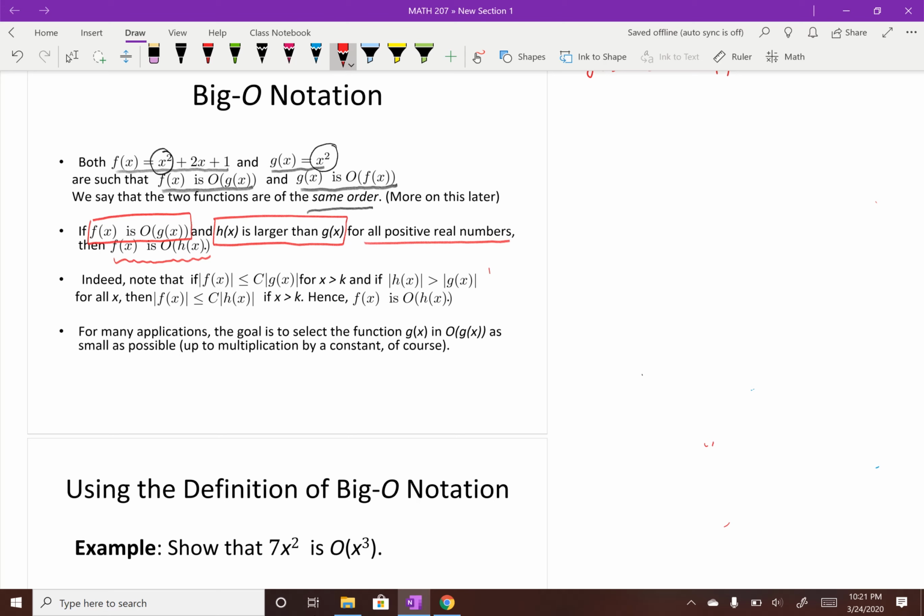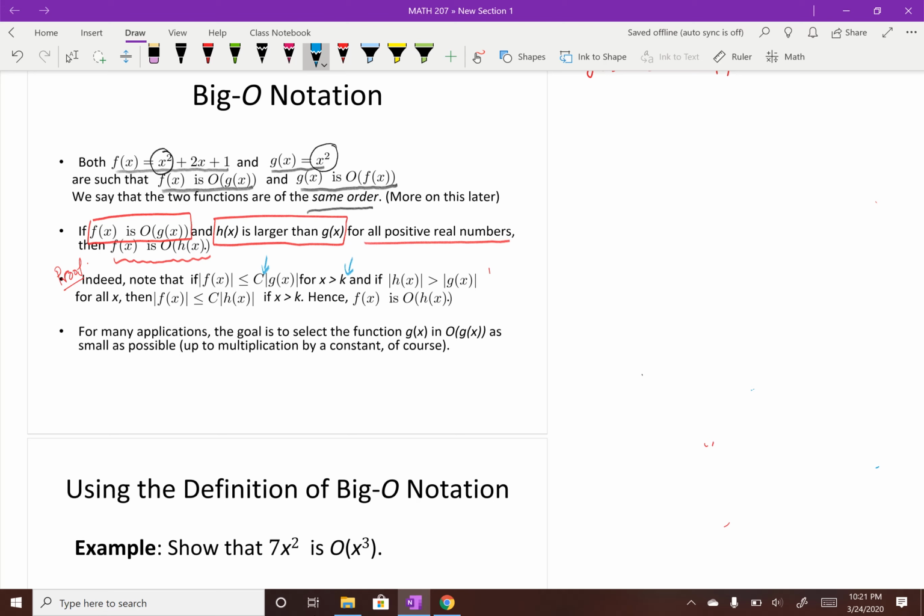Okay, and the proof is written here. So when you claim that f of x is big O of g of x, that means there exist two witnesses c and k, and you can show this inequality that the absolute value of f of x is less than or equal to c times g of x for every x greater than k.